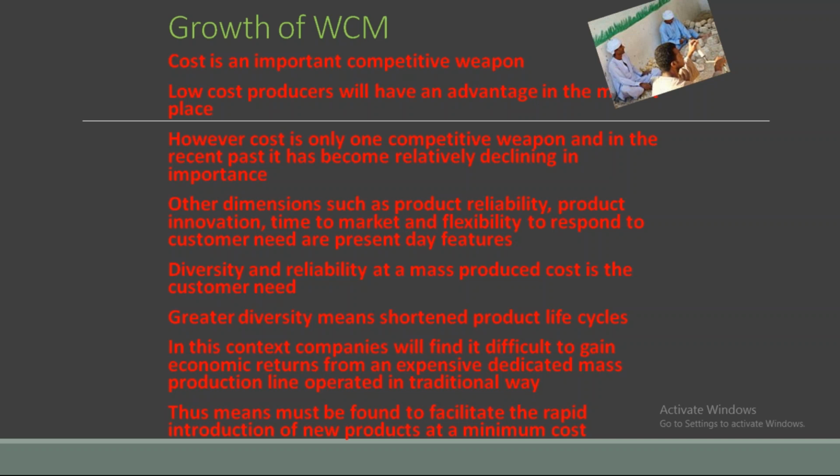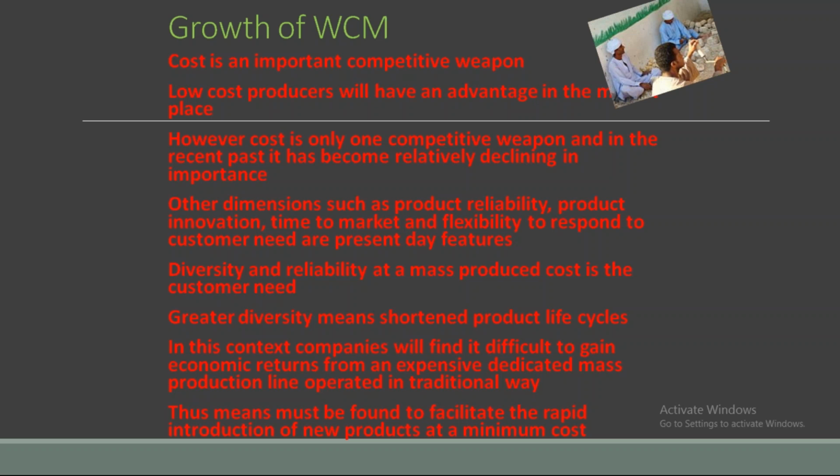You will not fly an airline even if it is cheaper, if there is no safety, if there is no reliability of time, and so on. Because of that, we need to know the product reliability and product innovations. New products must come all the time. When you go to the supermarket, you see a lot of new products coming up.